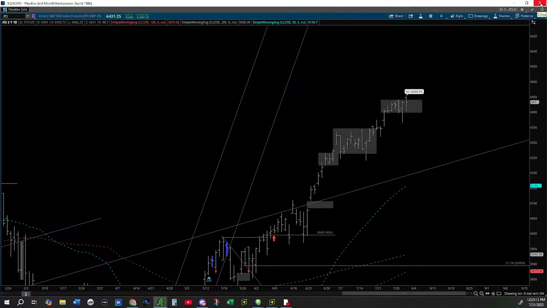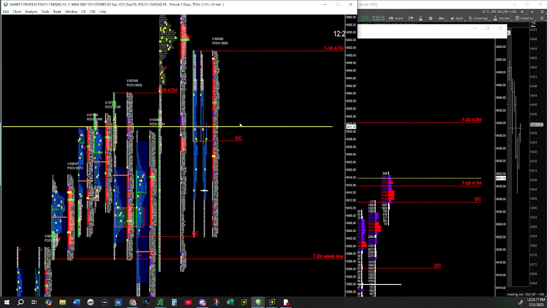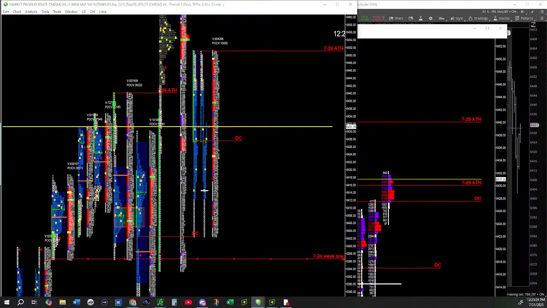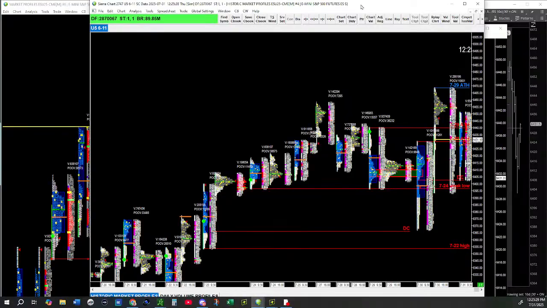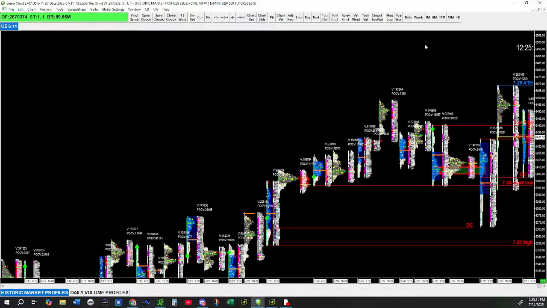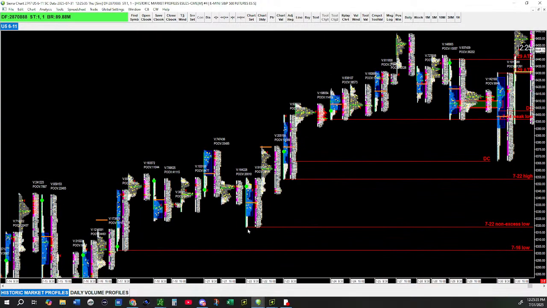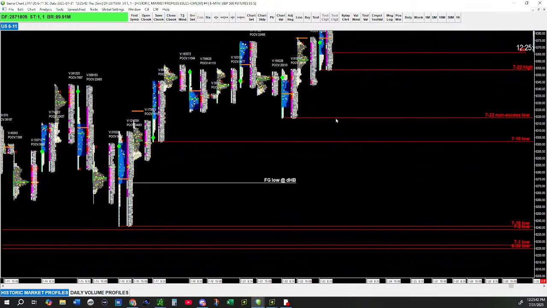Let me close this, and then when we go back and check profiles, let me bring my day, because I have more days here. You can see the advance here. There's non-excess here, and non-excess here. Very weak as well.